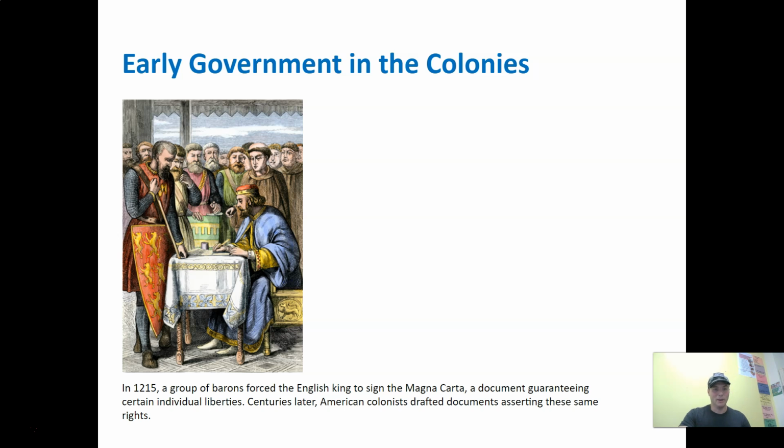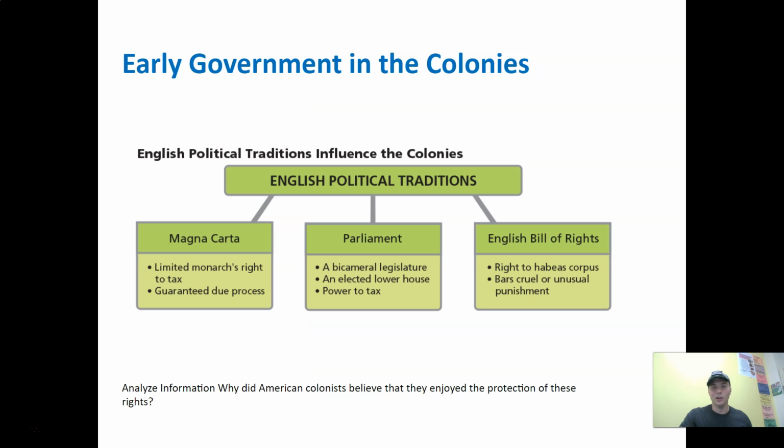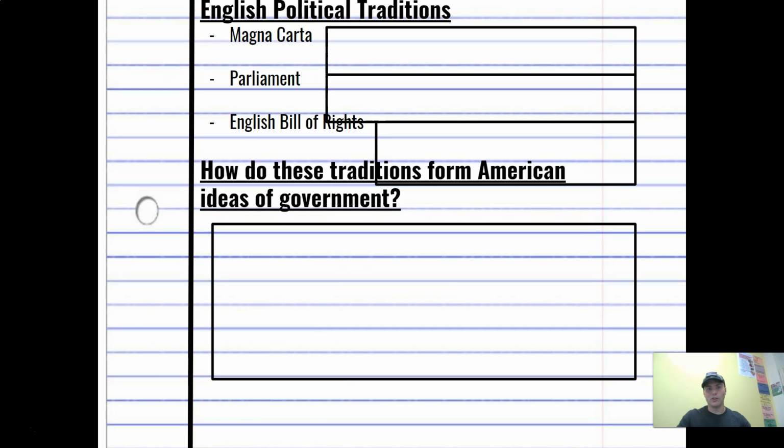Some pictures of the Magna Carta signing back in 1215, but that's way early history compared to what we're talking about. And you guys can pause this when you need to capture this, but those are the three big English traditional political beliefs that would shape our American colonial ways of what government should look like. And as you're following along, here's the things you should be taking down in your notes.